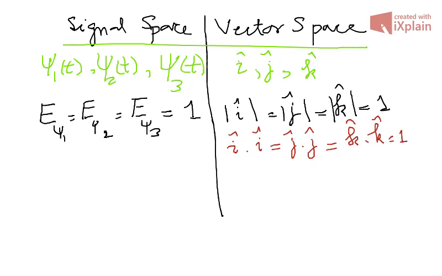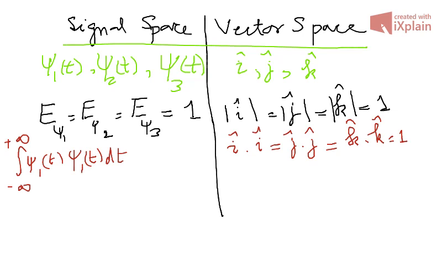Here in the case of signals, we mention the dot product of any signals. If I say the dot product of psi 1 of t with psi 1 of t, the integral from minus infinity to plus infinity, this is the dot product of the signals.